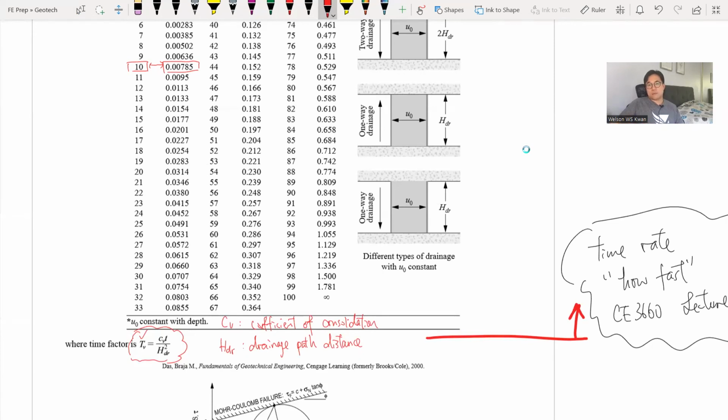Again, if you visit my consolidation lab, we talk in more detail about the log time and square root time methods per ASTM standard on how to measure this C sub V parameter in the lab.